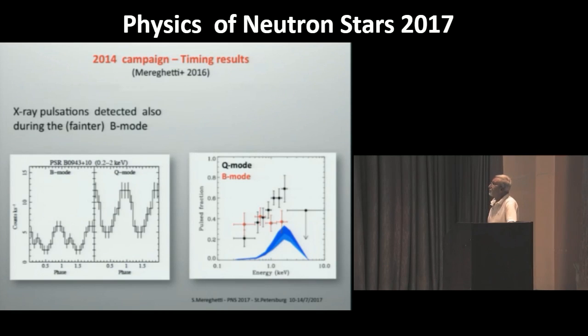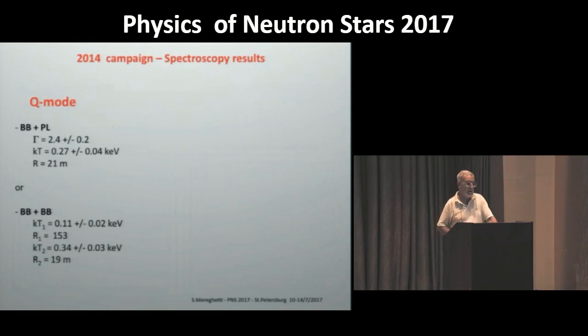From the spectral point of view, for what concerns the Q mode, when the X-ray flux is higher, we basically confirmed the black body plus power law model that was already fit to the previous data. The same data can also be fit with a combination of two black bodies of different temperatures.